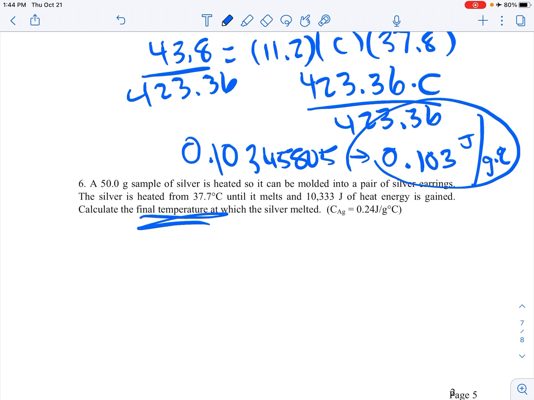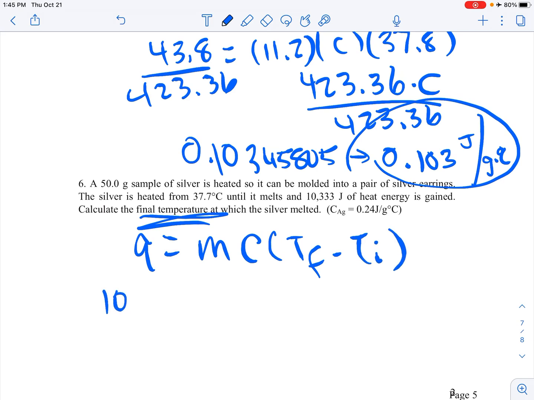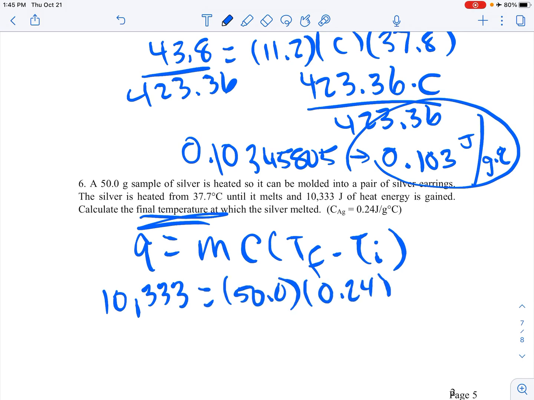This is a tricky one because it says final temperature, so you can't use Q equals mc delta T. You have to instead use the definition of delta T, which is T final minus T initial, which we talked about earlier. So Q is 10,333. Mass is 50. Specific heat, 0.24. T final is what we want.